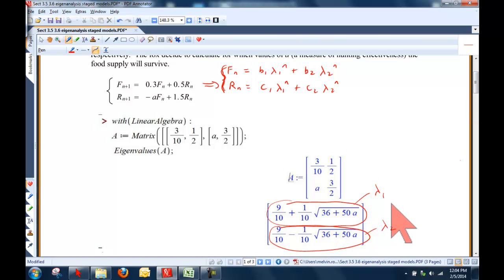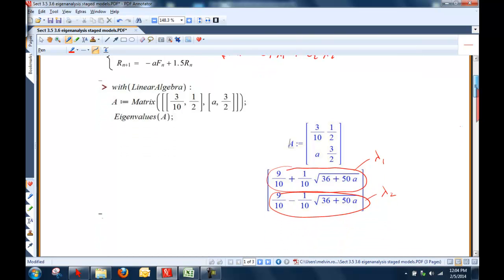And now the fox reason as follows. If either of these eigenvalues are greater than 1 in magnitude, then we'll get population growth. If they are both less than 1 in magnitude, then everybody's going to starve, and that critical value is when one of them is 1 in magnitude.